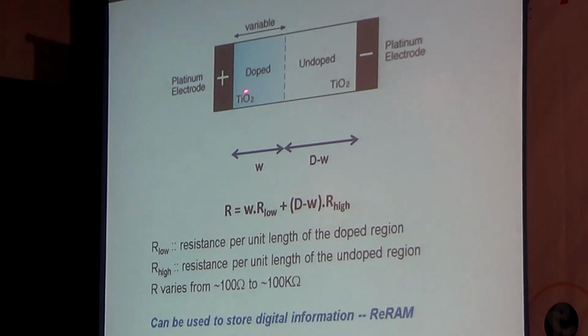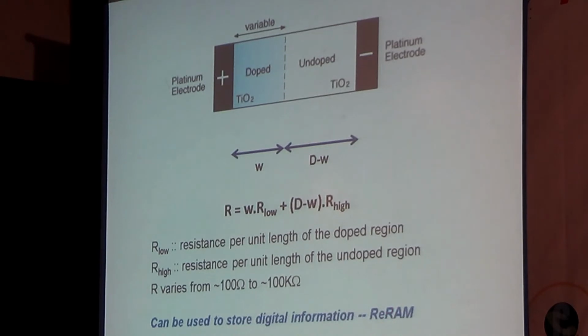W is the width of this doped region, multiplied by R low, the resistance per unit length of this region, and R high is the resistance per unit length of this region. R high is much larger. So as I said, by applying a suitable voltage, the value of W can be changed. This boundary will be moving right or left. Right? So this is what I said, resistive RAM.